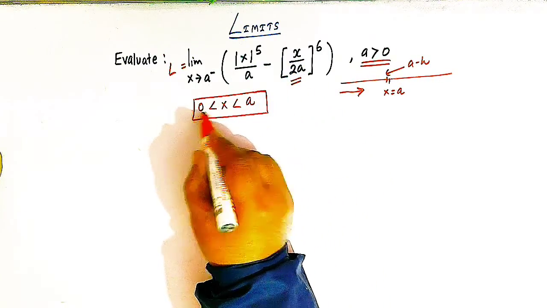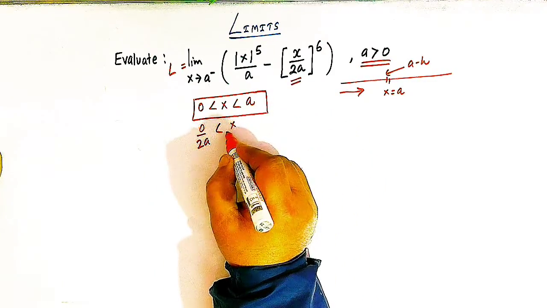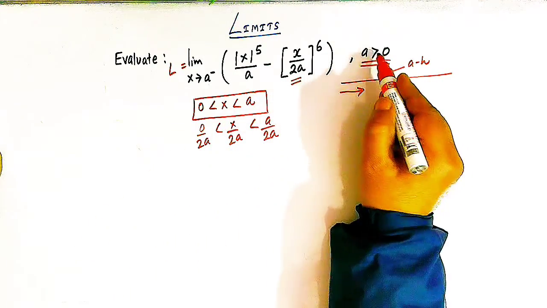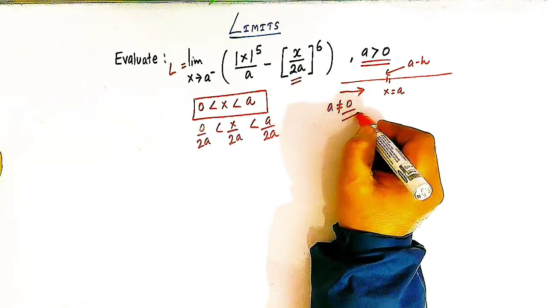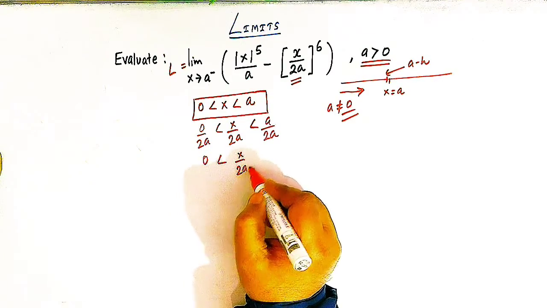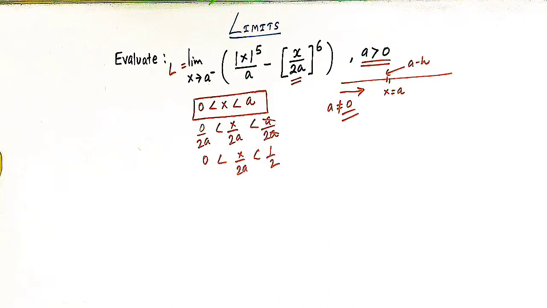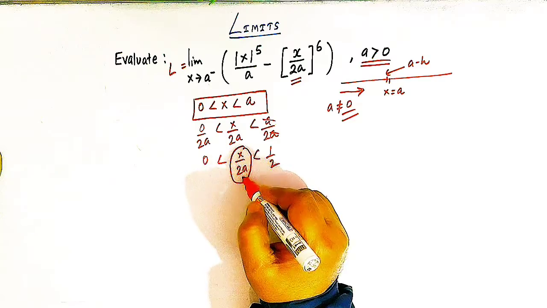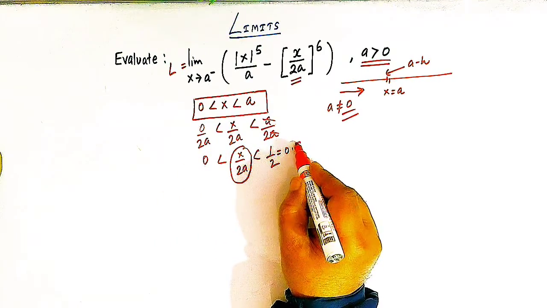Dividing throughout by 2a, we have 0 over 2a, then x over 2a, and a over 2a. Since a is not equal to 0, a and a get cancelled and we are left with only half. So this inequality suggests that the quantity x over 2a lies between 0 and half, that is 0.5.